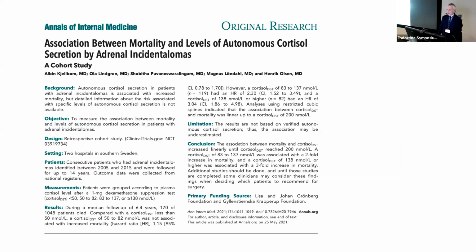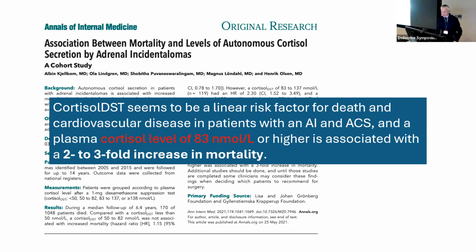And again, back to the Scandinavian studies, there is an association between mortality and the levels of cortisol secretion by adrenal incidentalomas. And this study found that there seems to be a linear relationship for death and cardiovascular disease in patients with an adrenal incidentaloma and autonomous cortisol secretion.